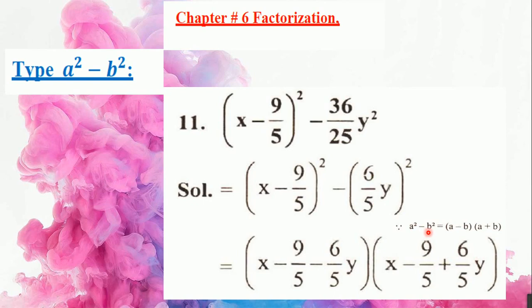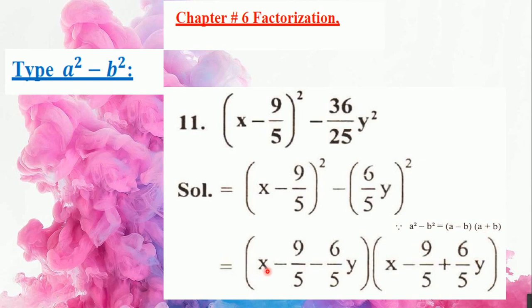So we have this a square minus b square form. So what is its right hand side? Its right hand side is a minus b into a plus b. So write these whole square forms in this form: one time subtraction and one time addition.